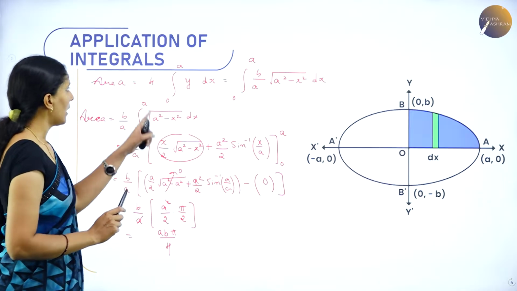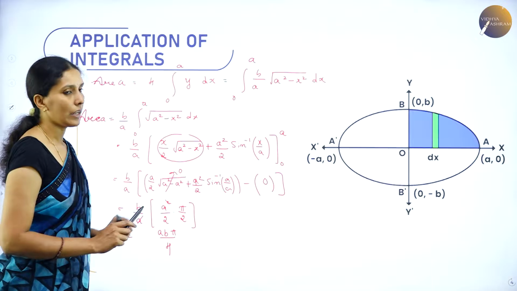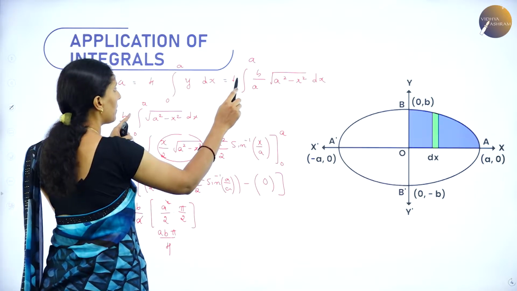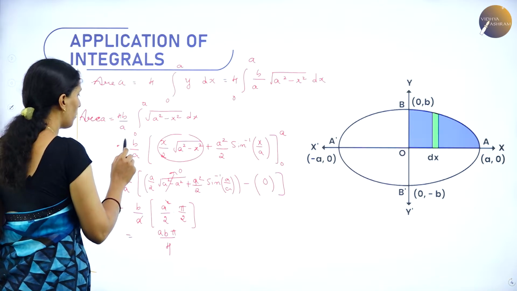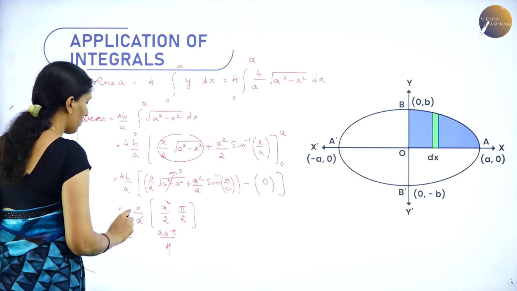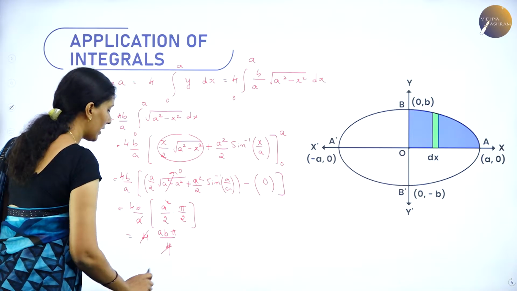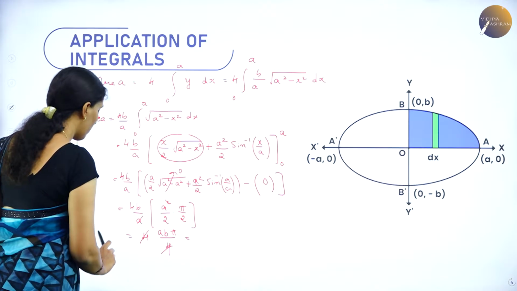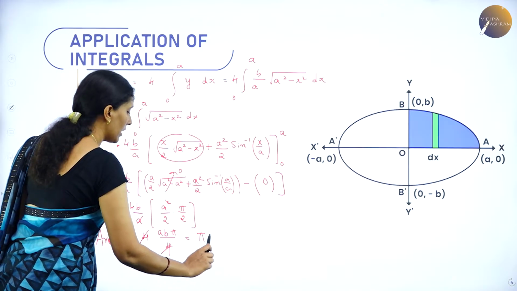But remember, I have taken the area as 4 times the given area, so I have to multiply by 4 here. So let us write 4b. When you multiply by 4, the 4 cancels. Therefore, the required area of an ellipse is pi AB.